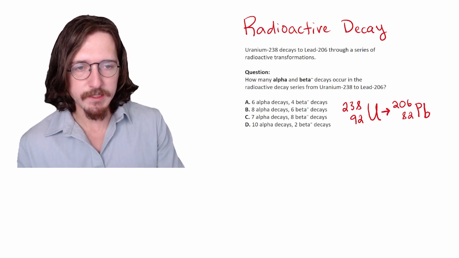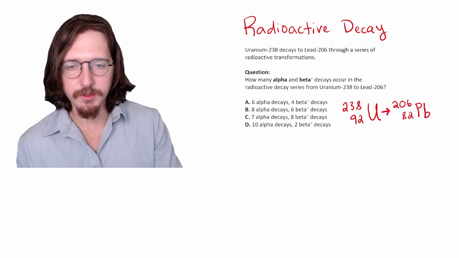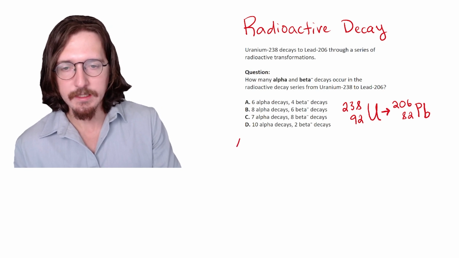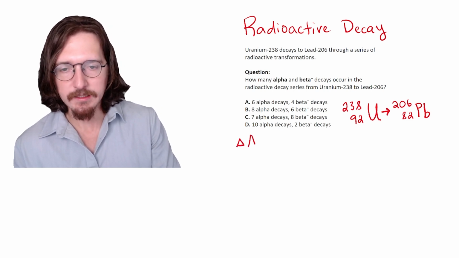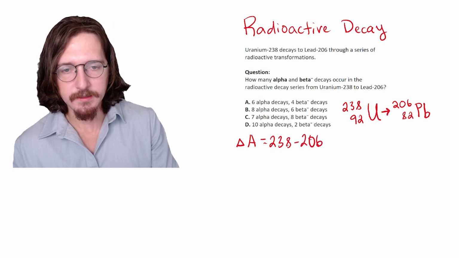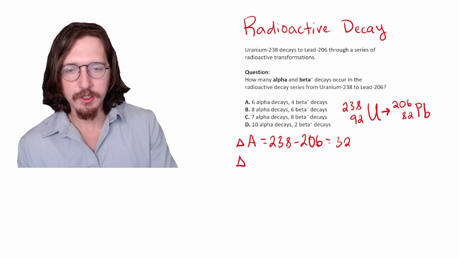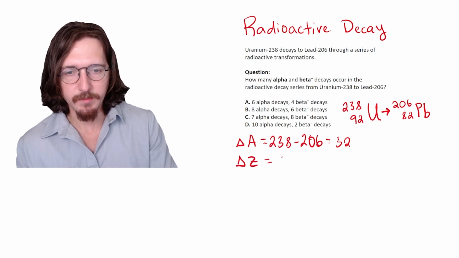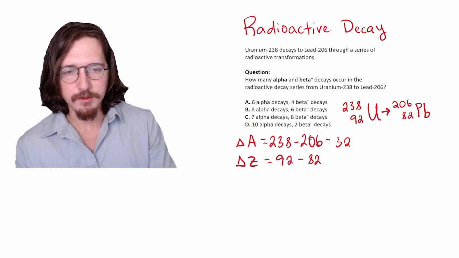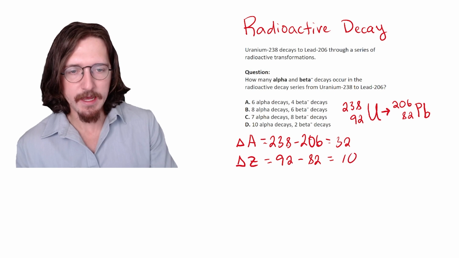So let's summarize what's happening in terms of the mass numbers and the atomic numbers, right? So the delta, or the change in the mass number, A, is going to be 238 minus 206, which is going to be equal to 32. Okay, and then the change in the Z, or the atomic number, is going to be 92 minus 82, which is simply going to be 10.